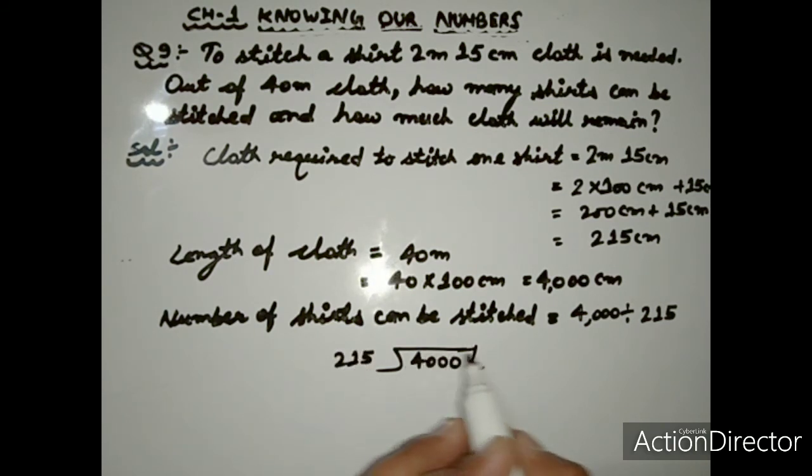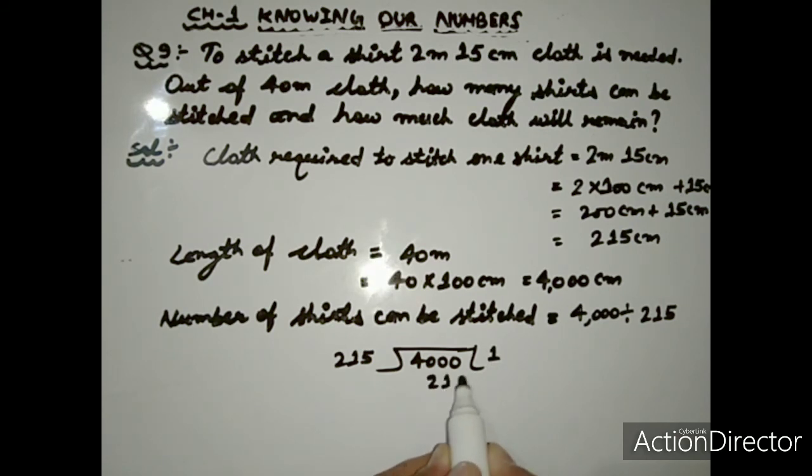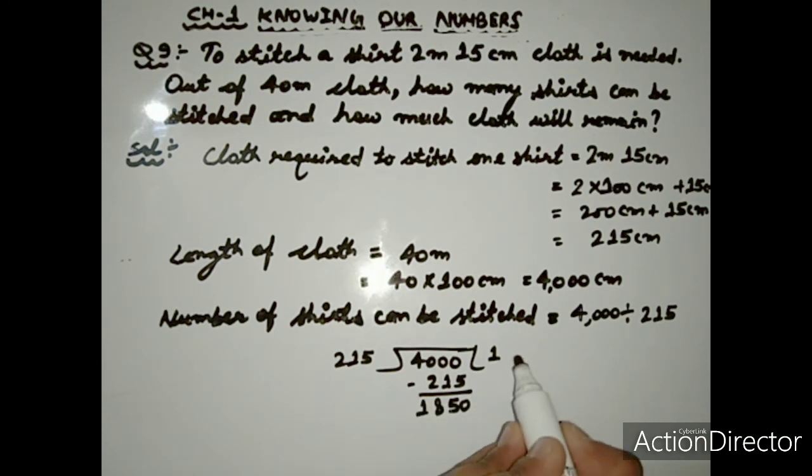So 215 divides 4000 one time, and subtract 215 from 4000, and here we get 1850. And after that here we divide 1850 by 215. So here 215 divides 1850 eight times, then we get 1720.